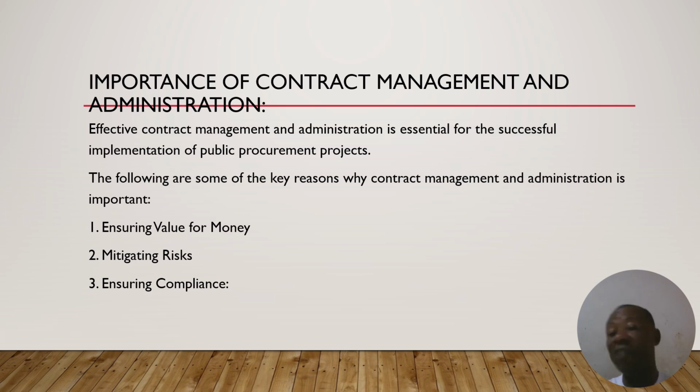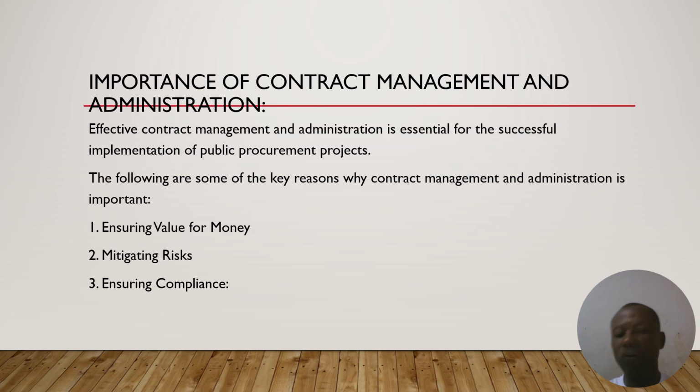Even if you are in a private organization as a procurement officer, in a manufacturing company, and you give supply to a contractor and you don't manage it and make sure they meet the timelines, at the end of the day, there's a risk that you put your company in.